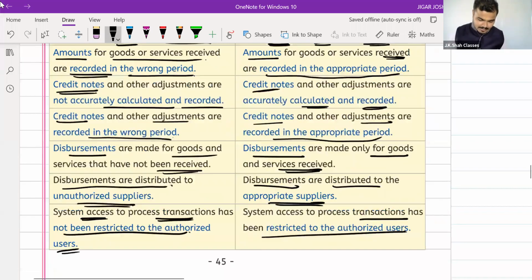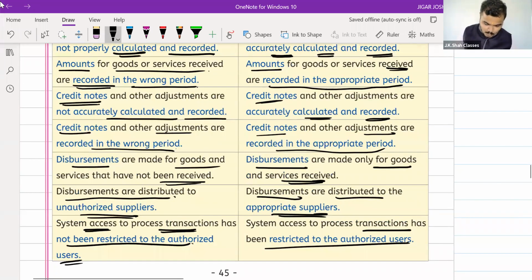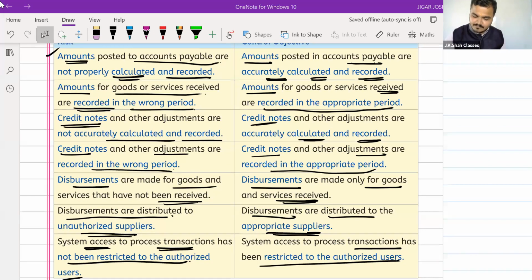I request my dear chartered to quickly go through this diagram, very fast, very quick, please. Disbursement refers to, my dear chartered, making payments.